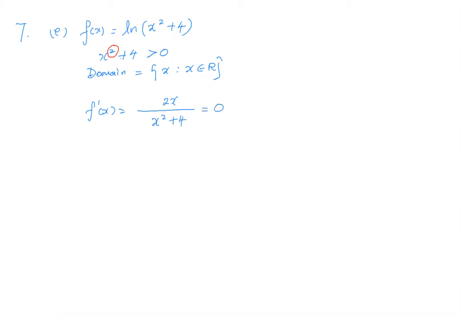So cross multiply, which means 2x equals 0, so x equals 0. So our sign diagram: for x less than 0, this will be negative divided by positive, so negative, and here it is positive. So then you get your answer.